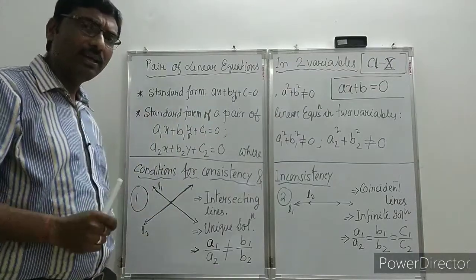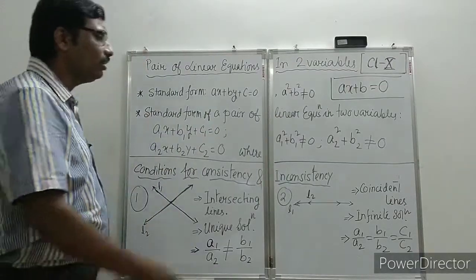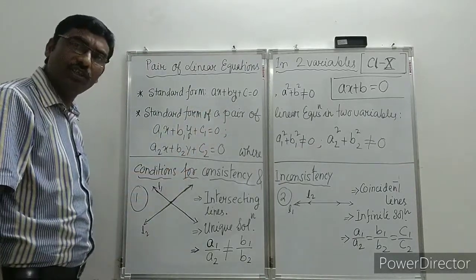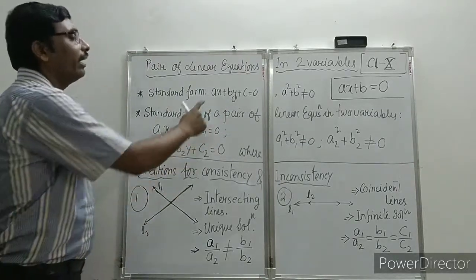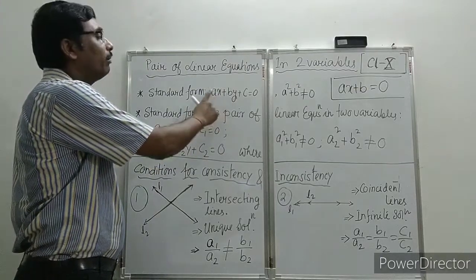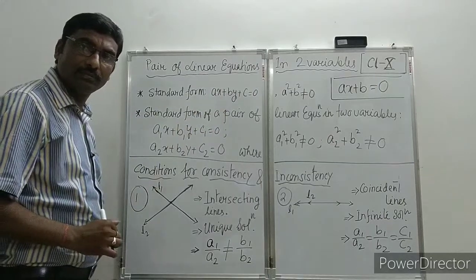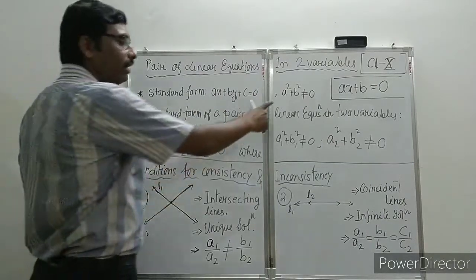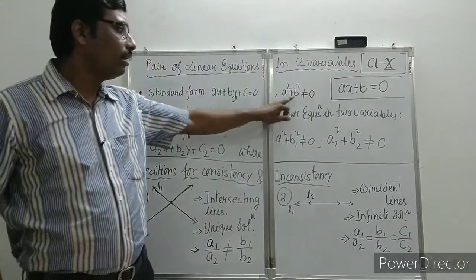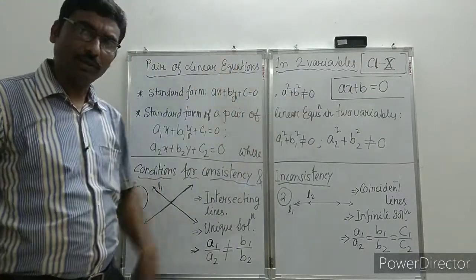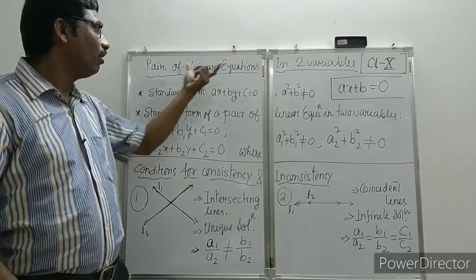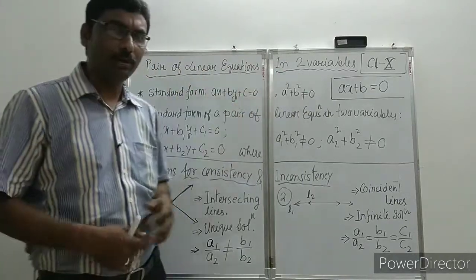But there is a condition: both a and b cannot be simultaneously 0. It means a may be 0 but b not equal to 0, or b may be 0 but a not equal to 0. This condition is very important. The condition is a squared plus b squared not equal to 0. This is the first part, the standard form of a linear equation in two variables.